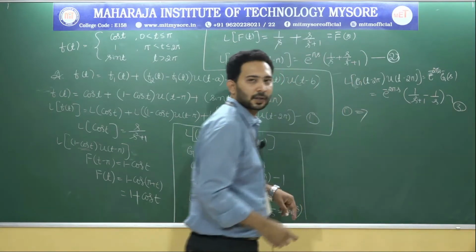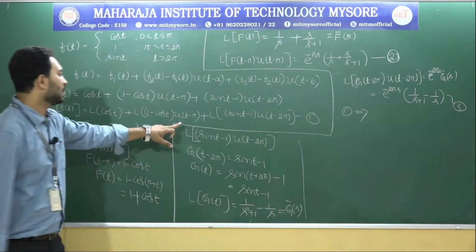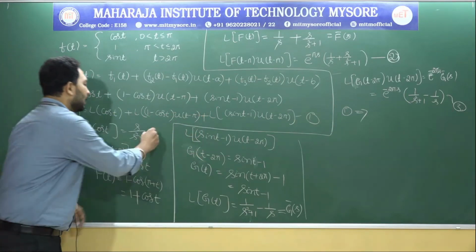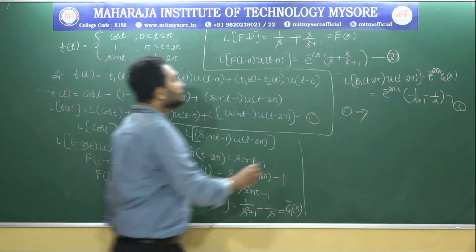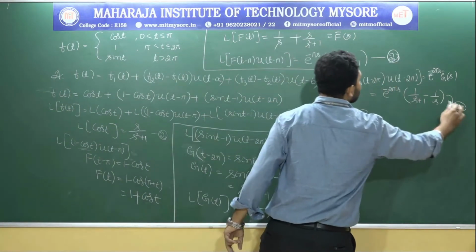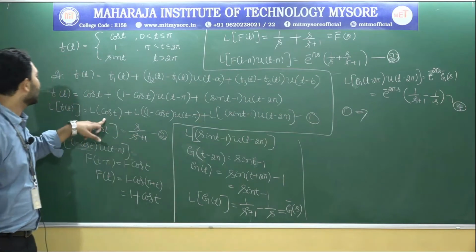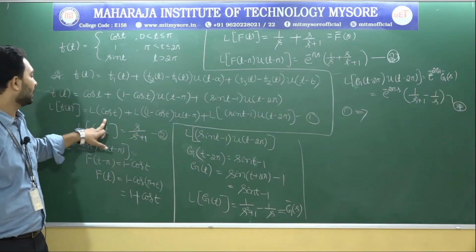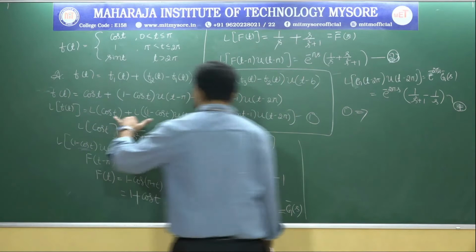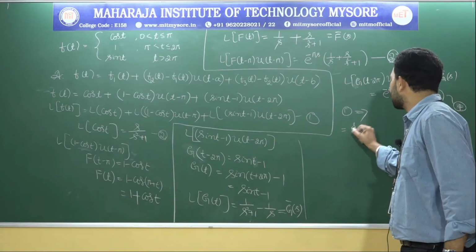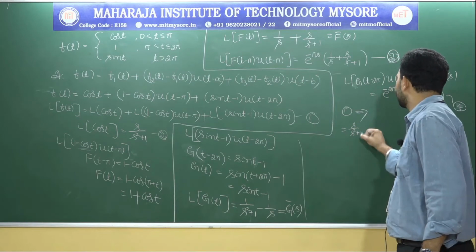Oh, sorry, I will take this as equation 2 and this as 3 and this as 4. By using equations 2, 3, 4, we will get the required result of Laplace of f of t. By using equation 2, I can write Laplace of cos t as s divided by s square plus 1.